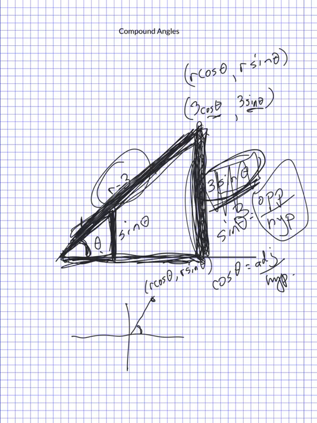And if it happens to lie right on the unit circle, well, then this will just be cos theta, sine theta. Okay, if it doesn't lie on the unit circle, well, you just have to find how far it is from the origin, and multiply both the coordinates by that.